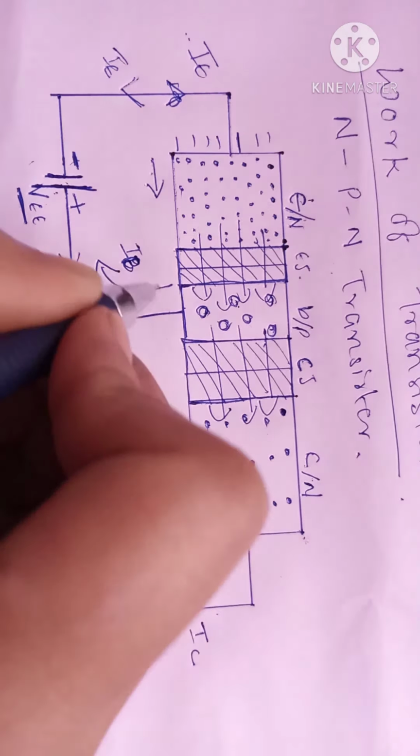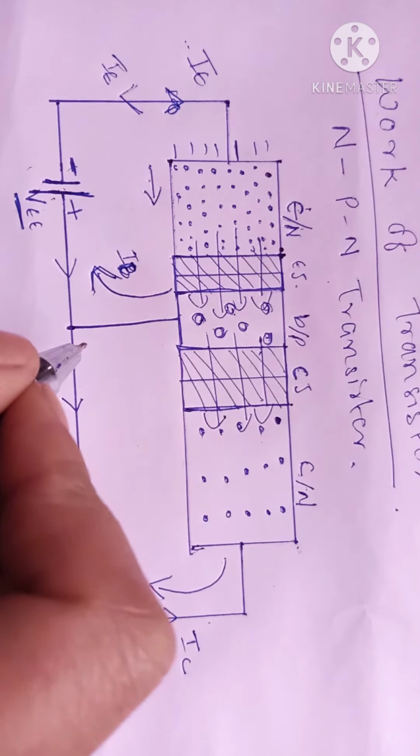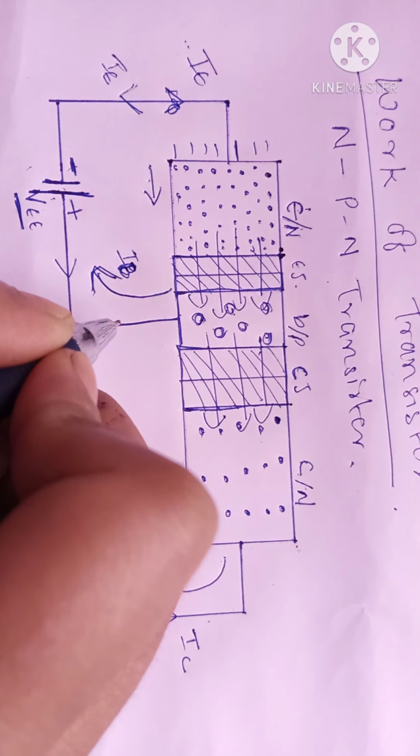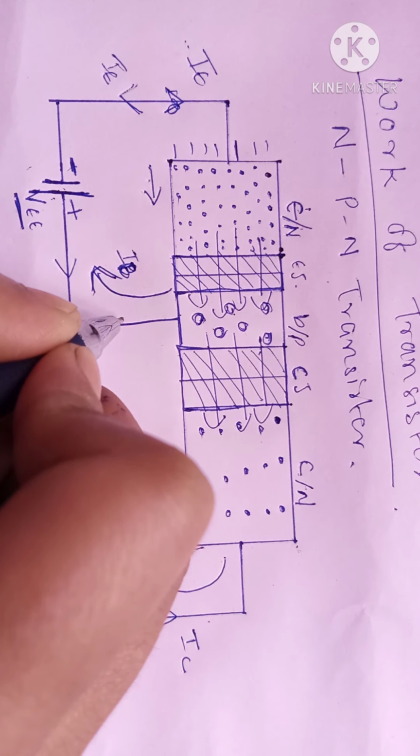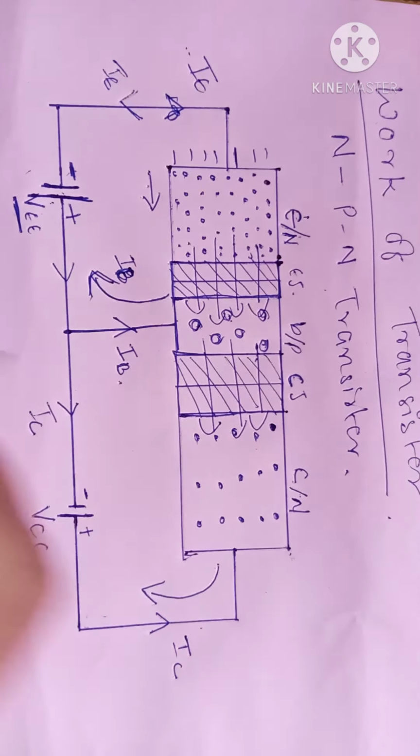For the base, electron flow goes like this, and current flows in the opposite direction, like this: IB, the base current.